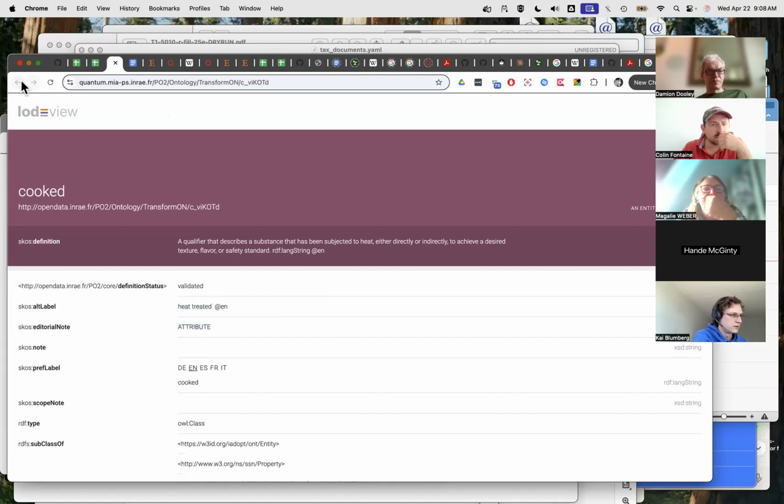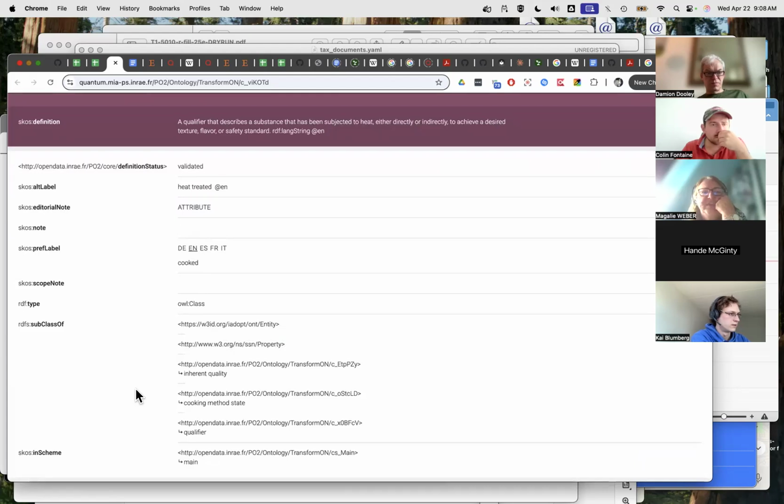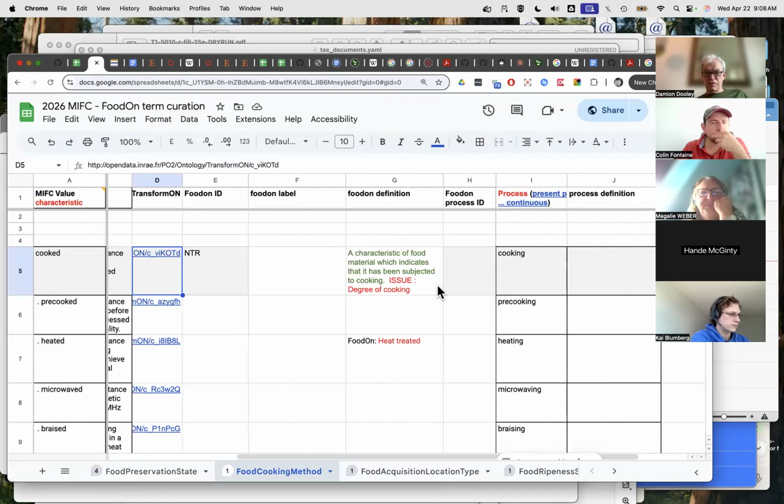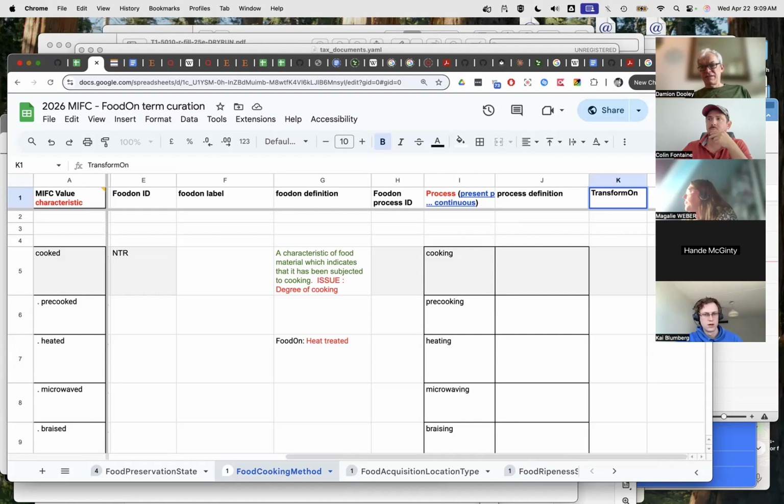And perhaps in the spreadsheet I have put the cooking step just in the right. No, I didn't. I can send you the URI. So you can see we can map also the steps and process together. Sure, let's just create a column for Transformon. I can add the URI for Transformon step, the same as your column, process. I'm adding a column K, Transformon process ID. Yes, I will add this. Great.